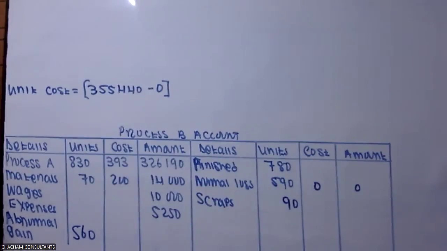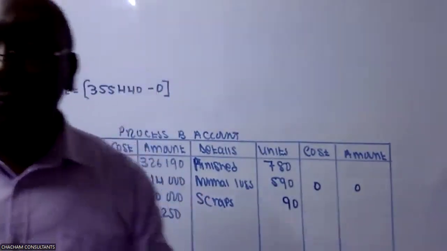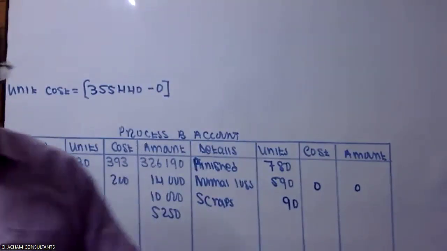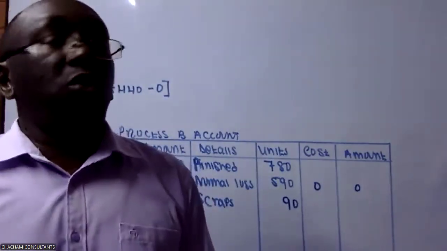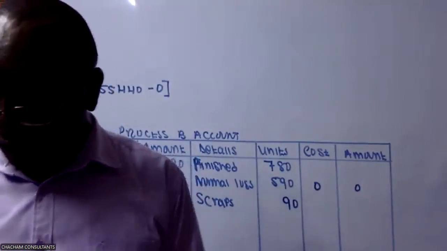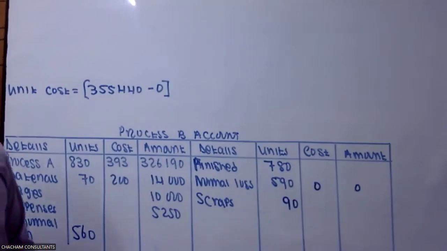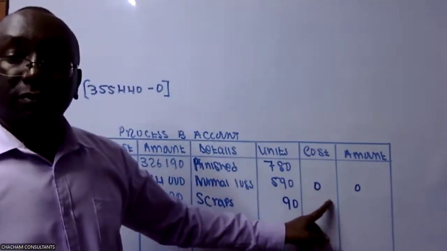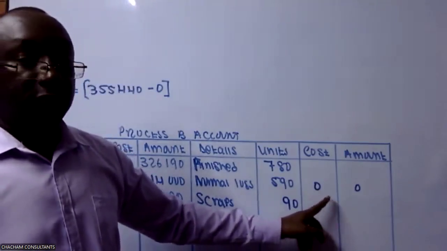Minus, we have the scrap now, Mr. Kimani. Yes, but the scraps we are not selling. The revenue for the scraps is supposed to be done in their own account called abnormal loss account. The only revenue that comes in here is for the normal loss.